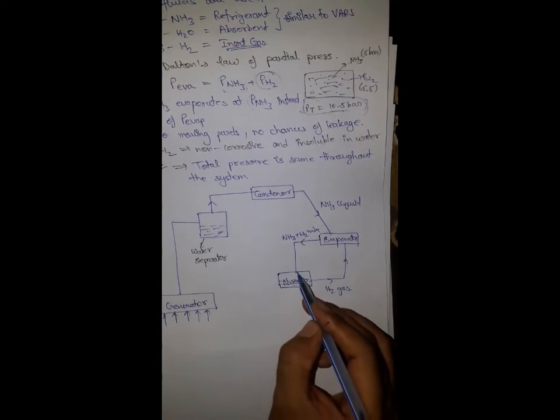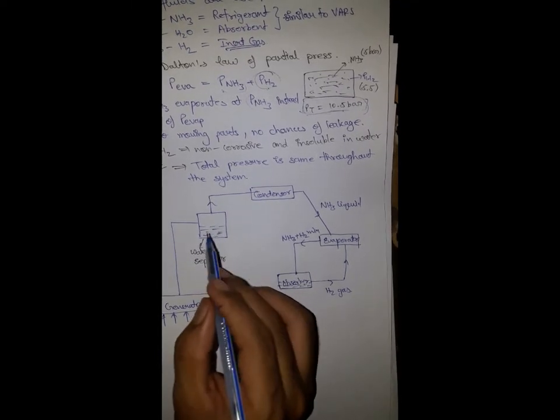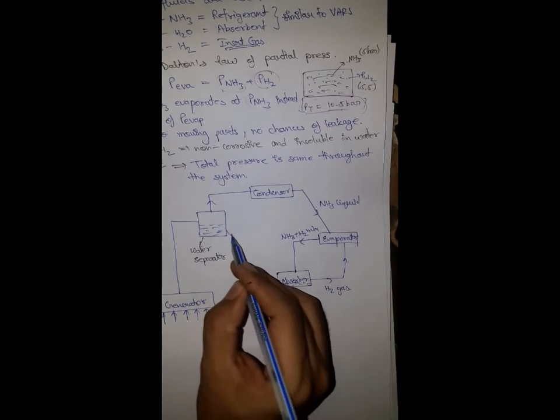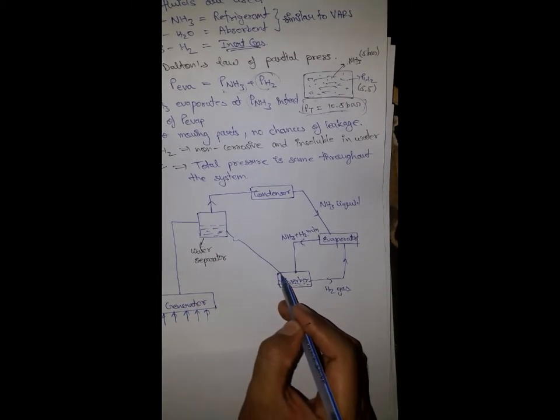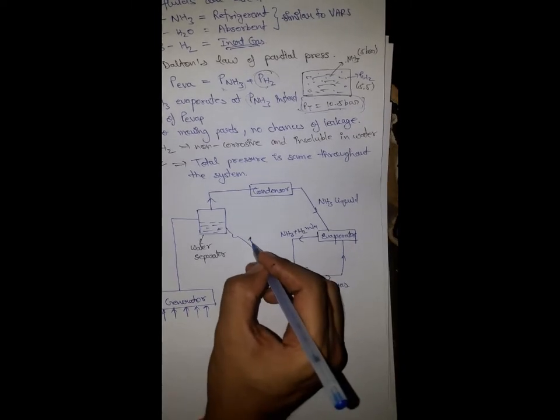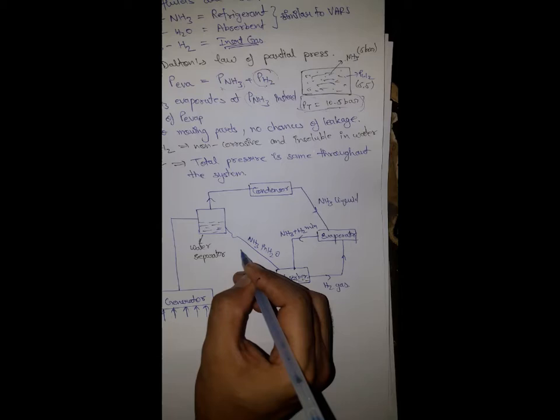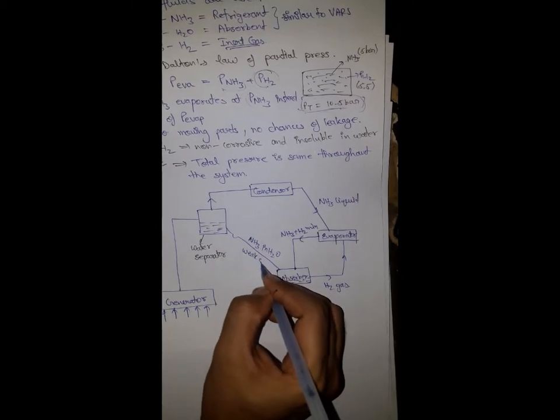And from here the weak solution of ammonia would drop back to the absorber. This is ammonia in H2O, and this is the weak solution.